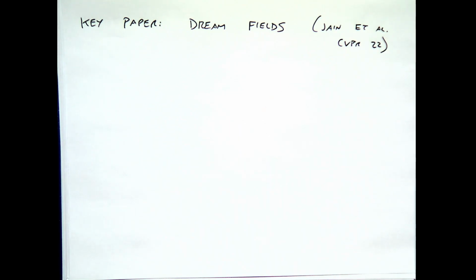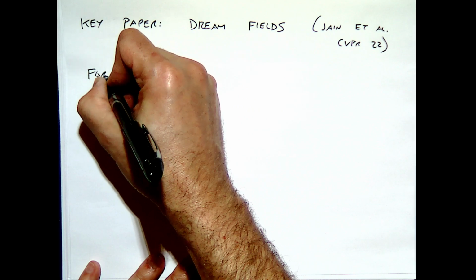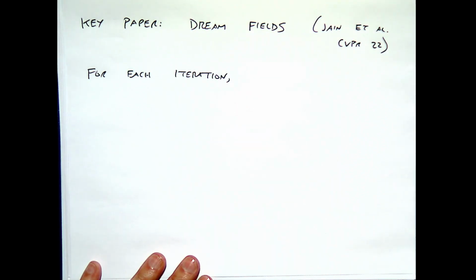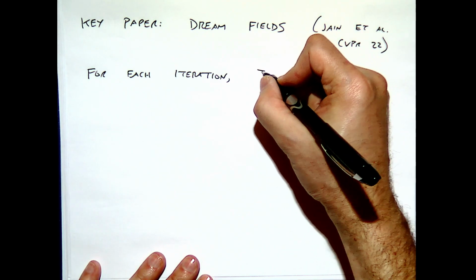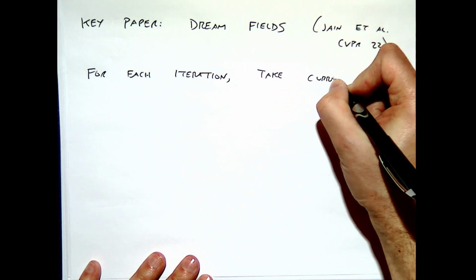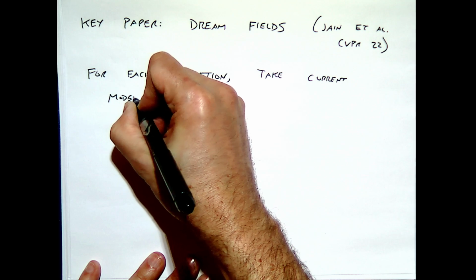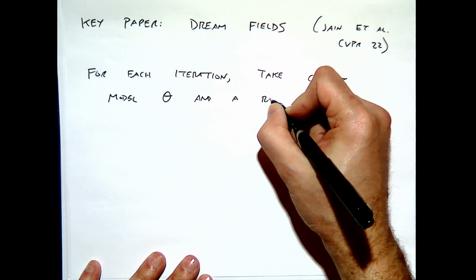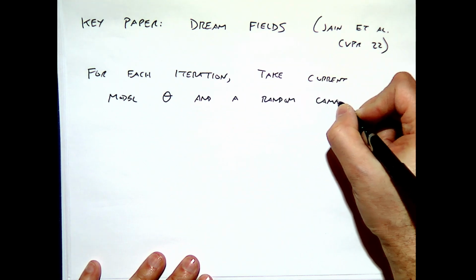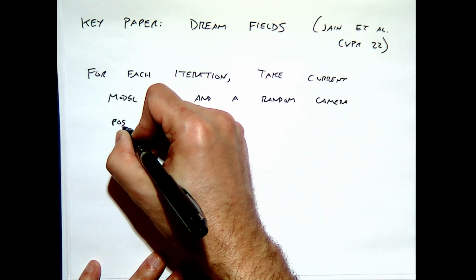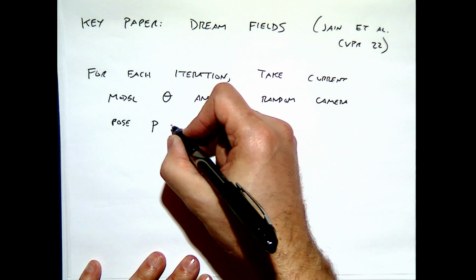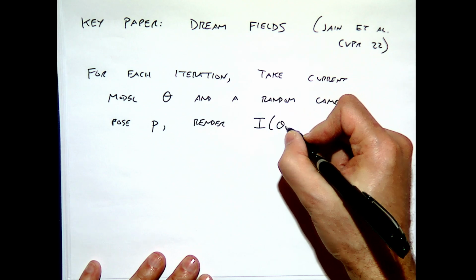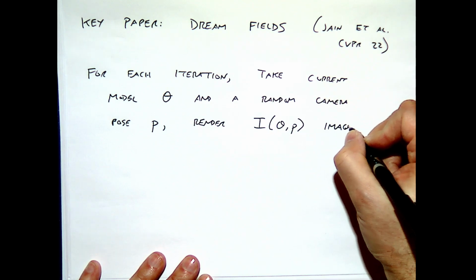Again, the idea is that for each iteration of training, we take our current NeRF, parameterized by some big parameter vector theta, and we randomly select a camera pose P, and then we render an image I of theta comma P from that pose.